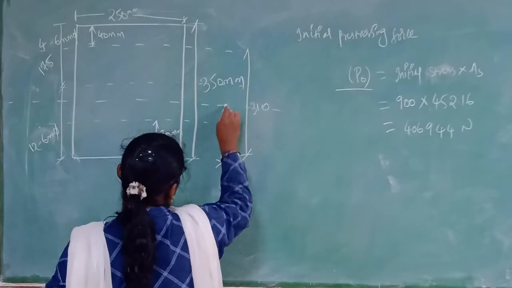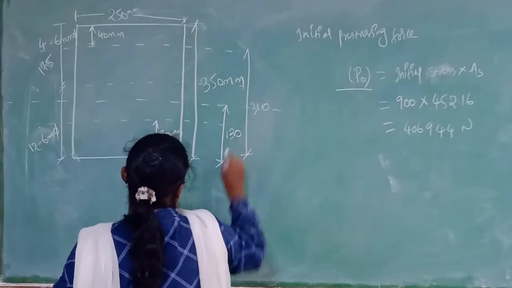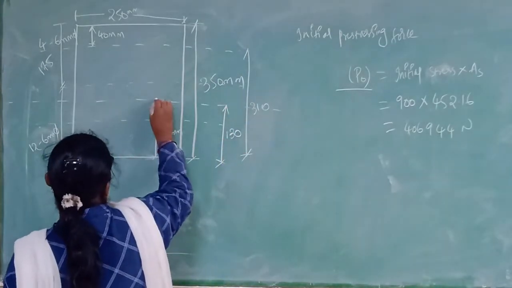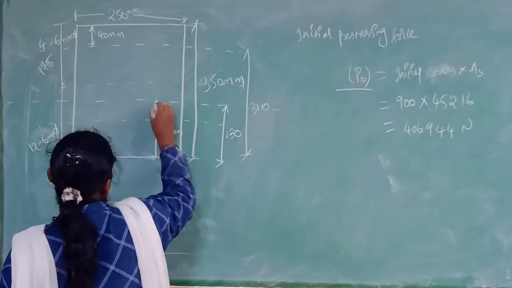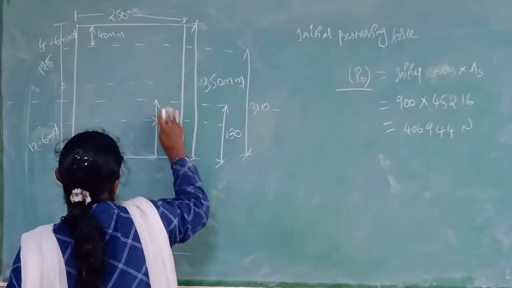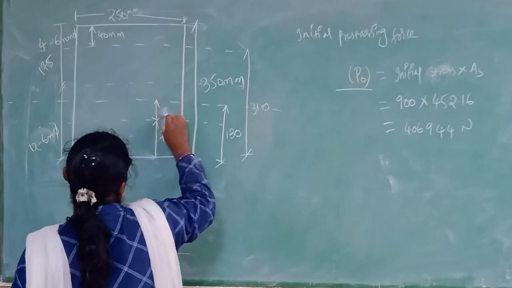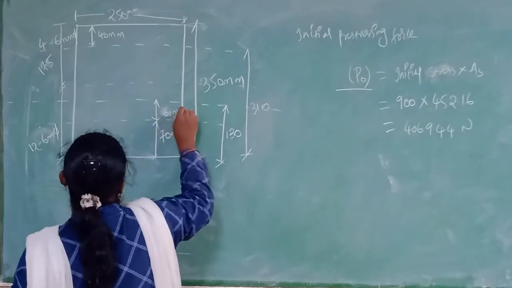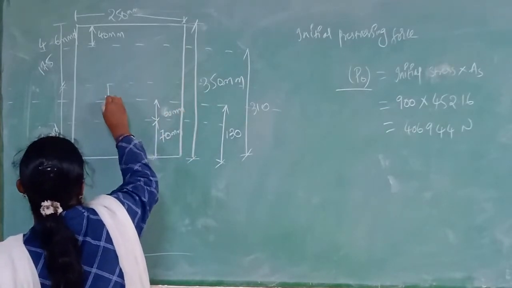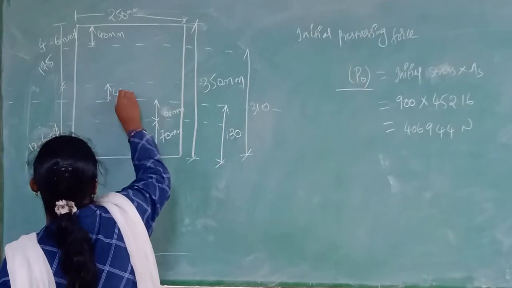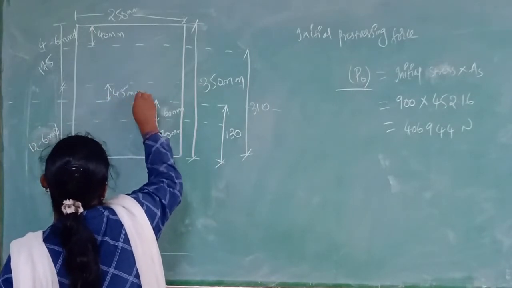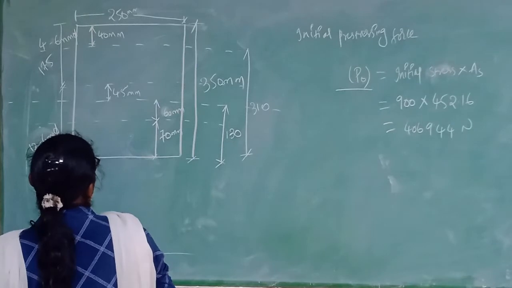At the Y bar what we have got? 130 mm. So right, this part will be 60 mm. Here it will be 45 mm.